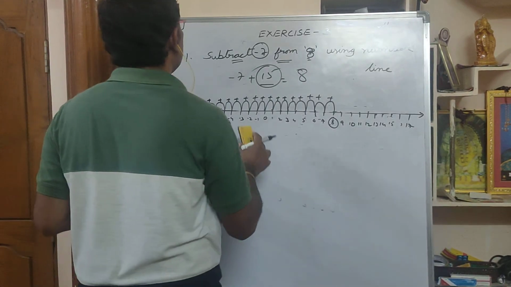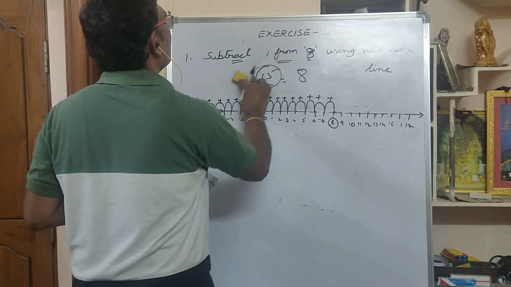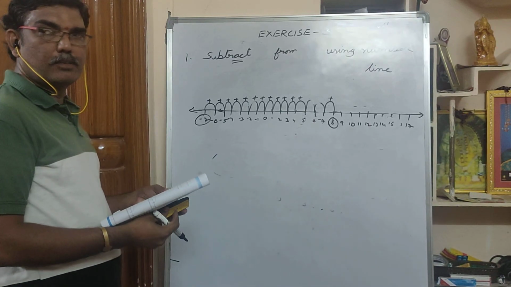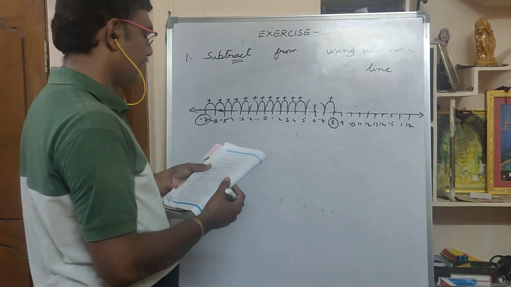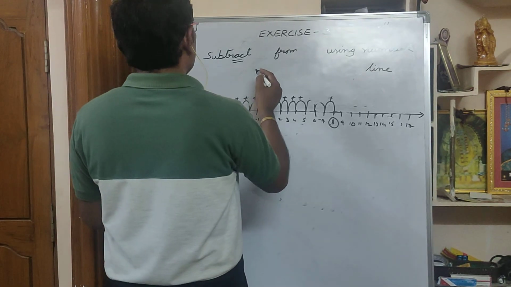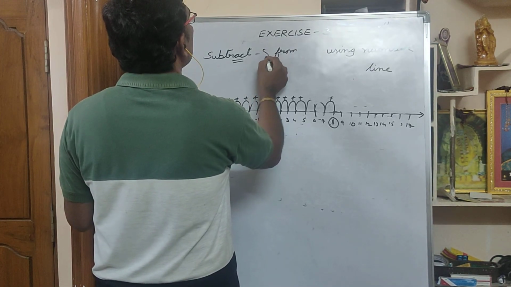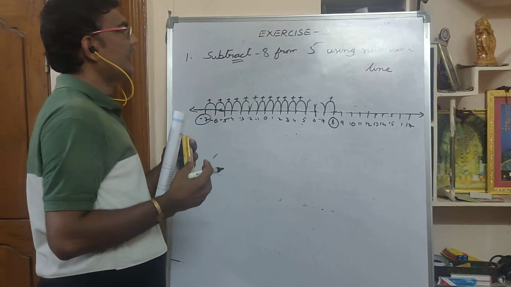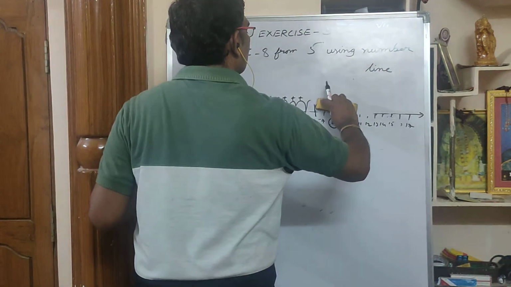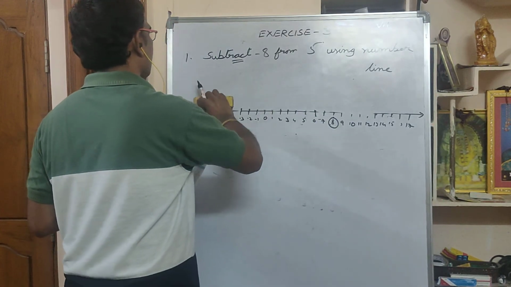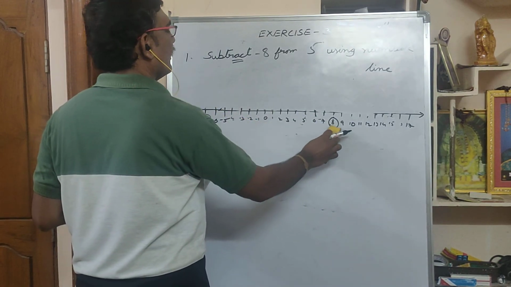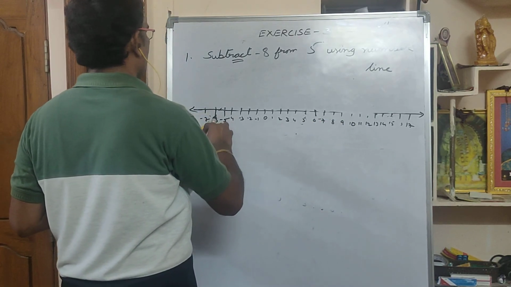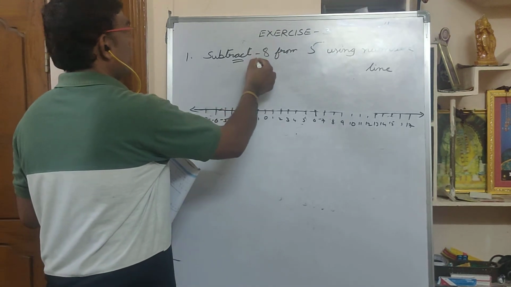Now one more sum. Subtract minus 8 from 5 using the number line. Okay. So again number line only. So what is the first number?